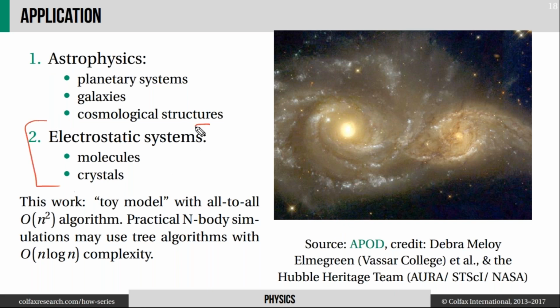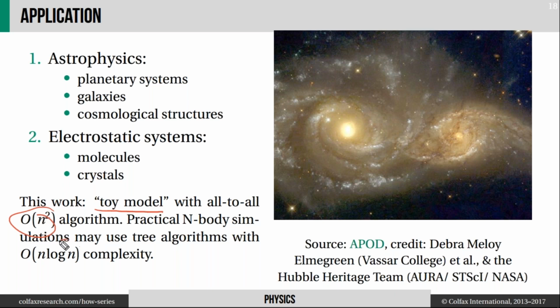The same exact mathematics is actually applicable to a different physics law called Coulomb's law, and it is applicable to electrostatic systems. So when you're modeling molecules and crystals, you will be using the same mathematics. What we are using, the n-squared algorithm, is actually a toy model. It is the simplest implementation, the simplest discretization of the real-world problem.